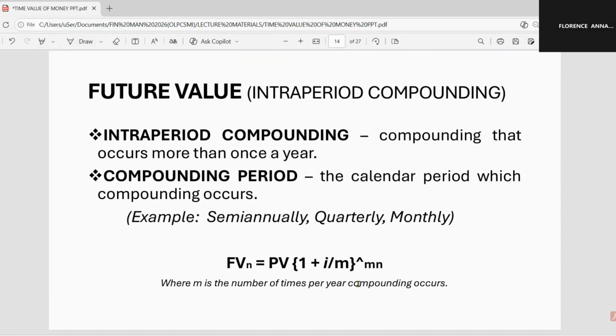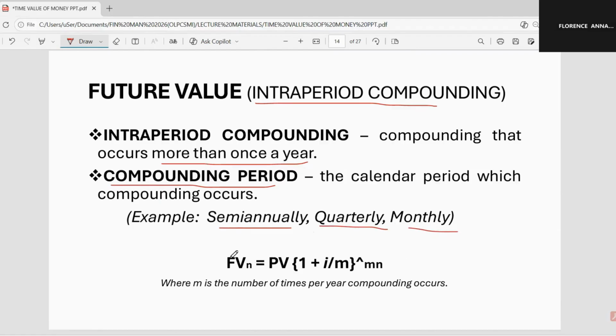Now, let's discuss future value in intra-period compounding. Pag sinabi nating intra-period compounding, it is compounding that occurs more than once a year. At pag sinabi nating compounding period naman, it is the calendar period which the compounding occurs, which could be semi-annual, quarterly, or monthly.